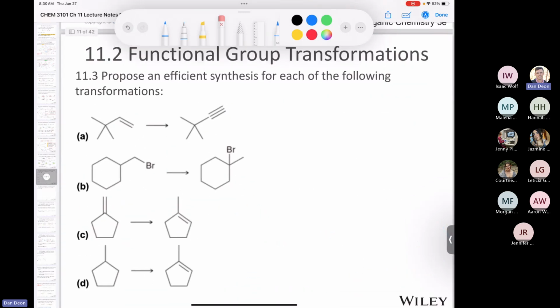Okay, so what I'm going to do is walk through some of these problems with you. These ones aren't very long, and we looked at some of these already, I think.